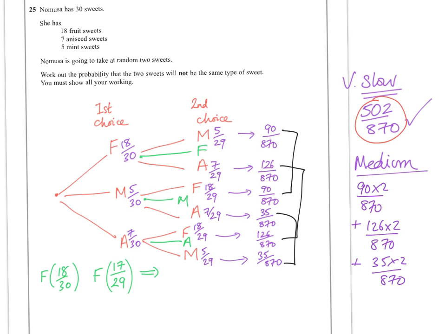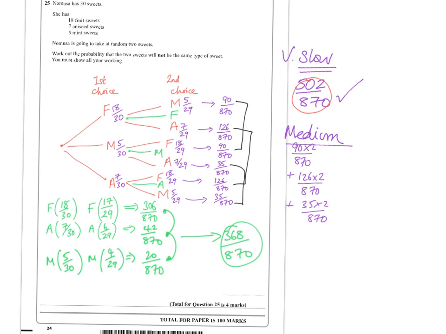So I'd get 18 times 17, and that is 306 out of 870, and then I'm going to do the same for the other 2, and this is what you would get.